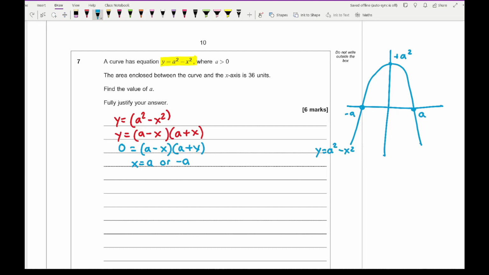So to find the area enclosed by that, what I need to do is integrate a squared minus x squared between these two limits of a and minus a dx. It tells me in the question that this is going to be equal to 36. So basically what I can write is this.